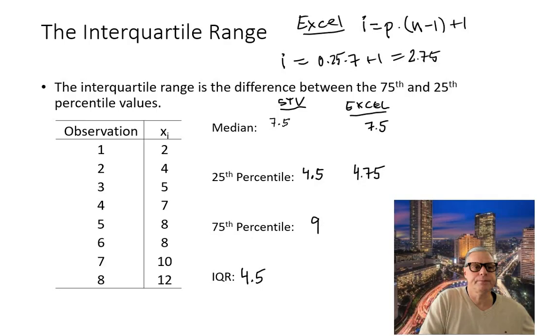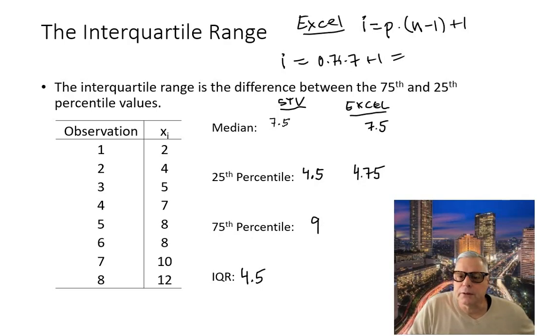So for the 75th percentile, okay, so now we have here 0.75 times 7 plus 1. So that's 6.25. So we take the sixth, 8, and then we add 25% of the difference between the sixth observation and the seventh.